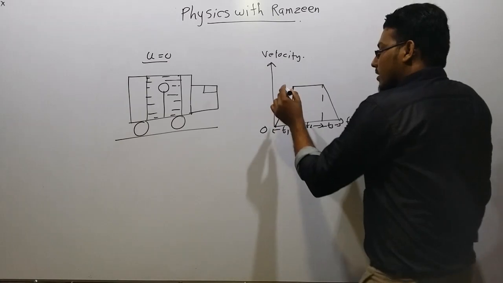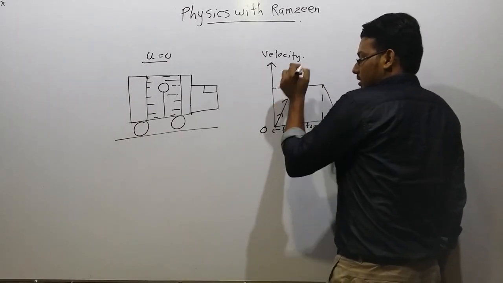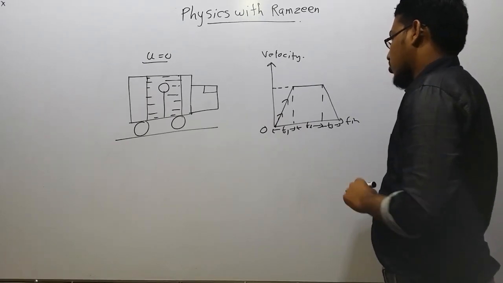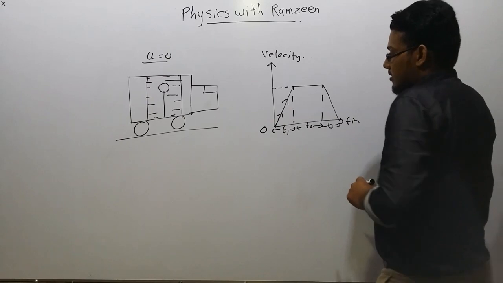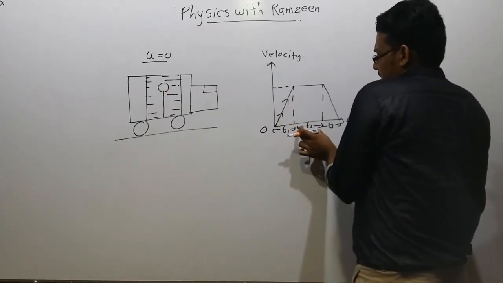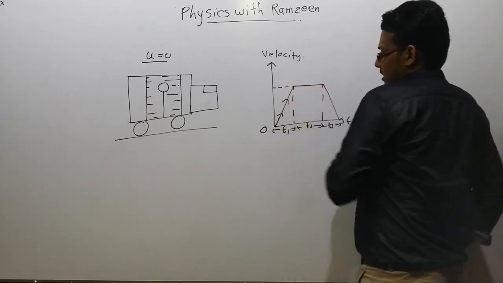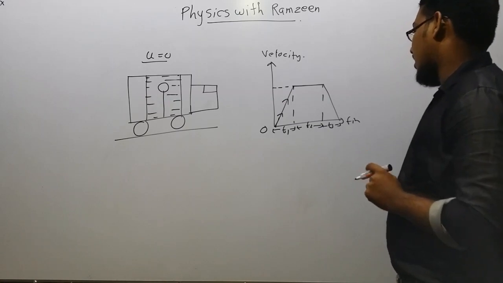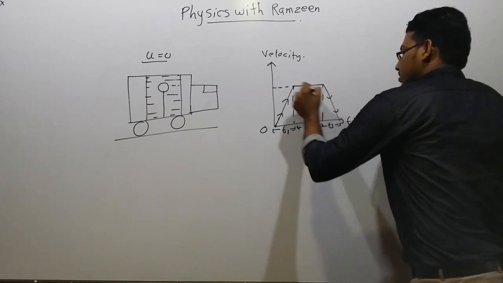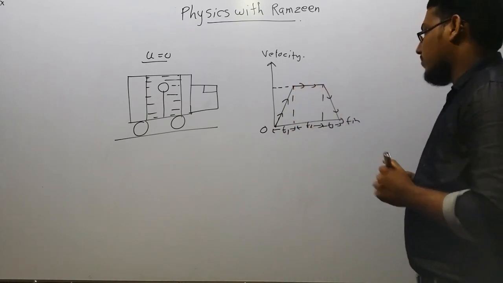You can easily find out that the velocity increases with the same gradient, the same slope, with time. Then within the T2 duration the velocity does not change, and after that, in the T3 duration, the velocity reduces. I can find that out through the velocity time diagram.